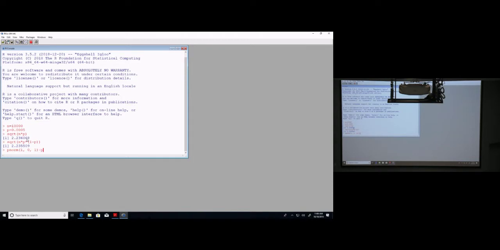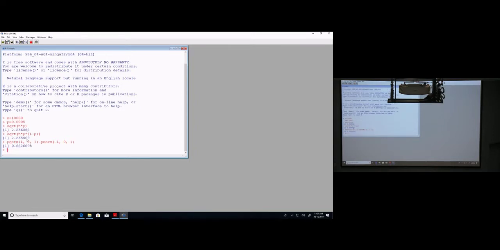So I want it to be something sandwiched between minus 1 and 1. All right. So this is the normal distribution within 1 standard deviation from its mean. So this is 68.3%.